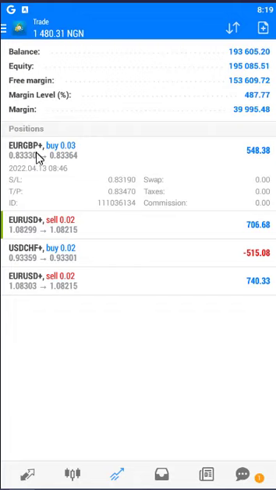Remember, you were told to ignore the last digit here. So the changes are 33 here, and this is 47. So 47 minus 33 gives you the number of pips. That is 14. So we are taking a 14 pips take profit for this trade.